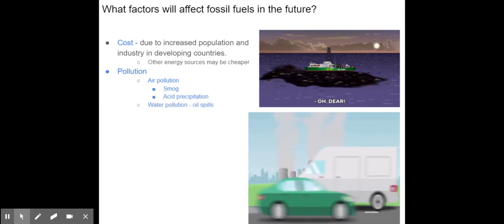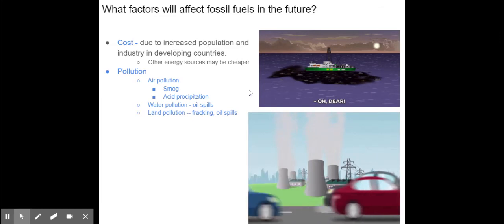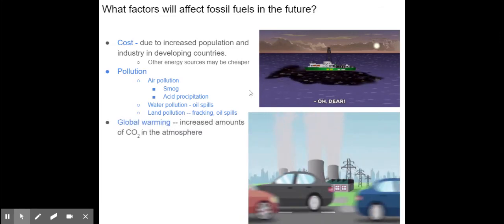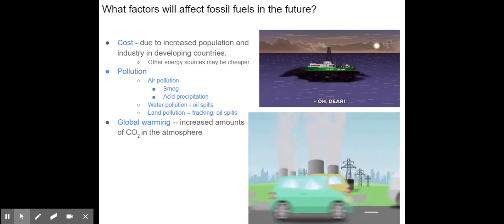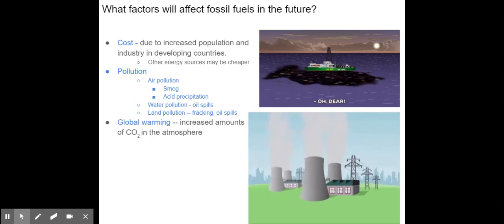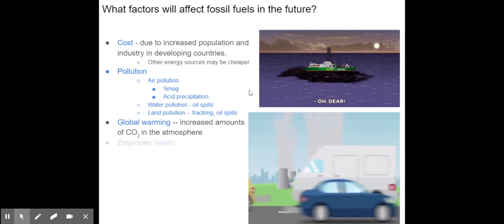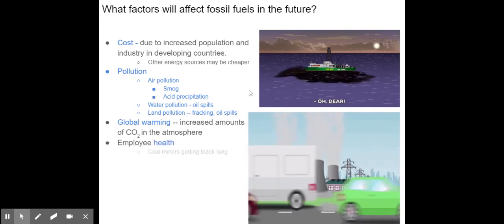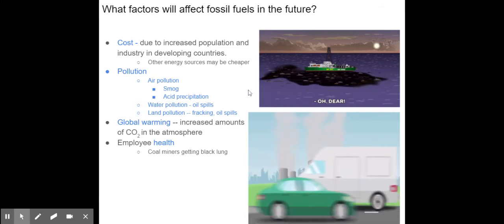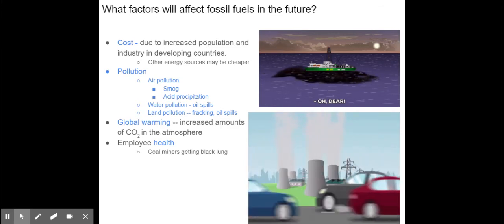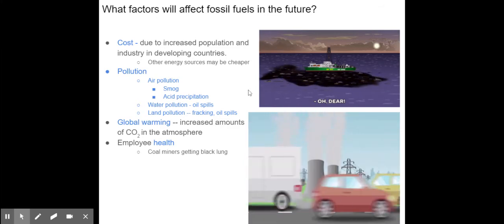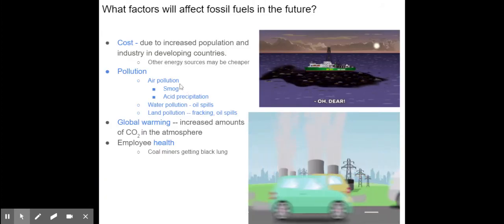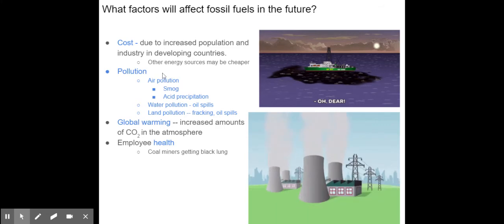We have water pollution, oil spills, and land pollution from fracking and oil spills. Global warming is the increased amounts of CO2, or carbon dioxide, in the atmosphere. Employee health is a big factor. Coal miners get black lung from working in the coal mines. A lot of people get sick because of the air pollution.